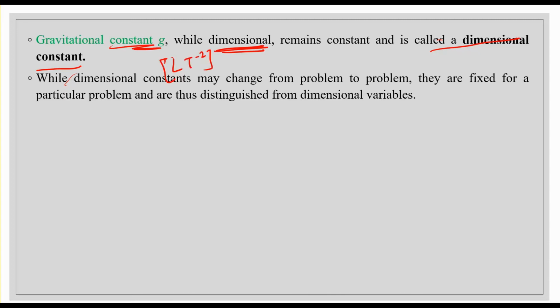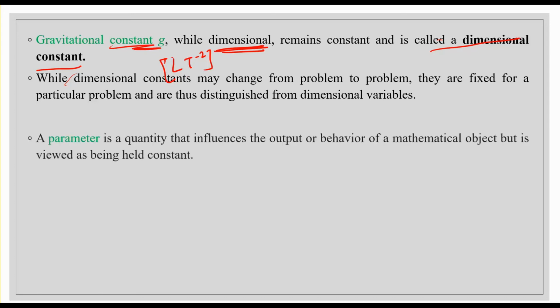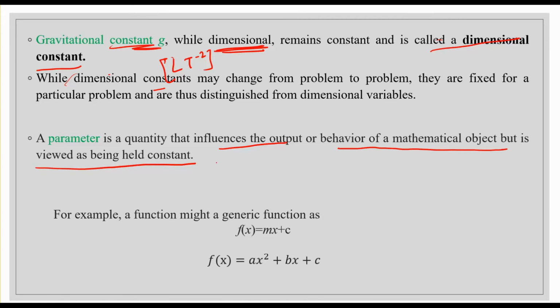Now, what are parameters? A parameter is a quantity that influences the output or the behavior of mathematical objects but is viewed as being held constant. So, for example, you can take this function, right, and this function. You can see that here m and c are the parameters. With different m and c, you will observe a different line.